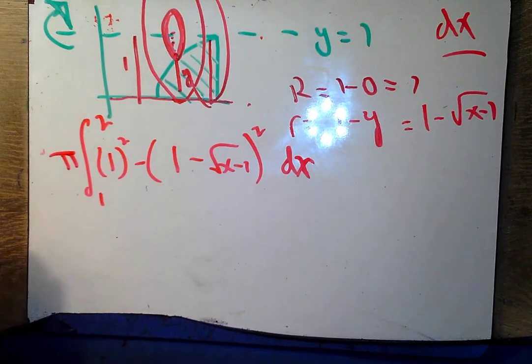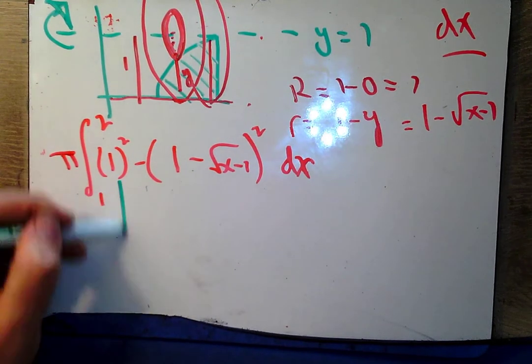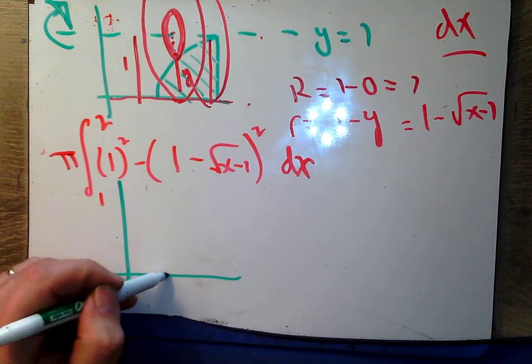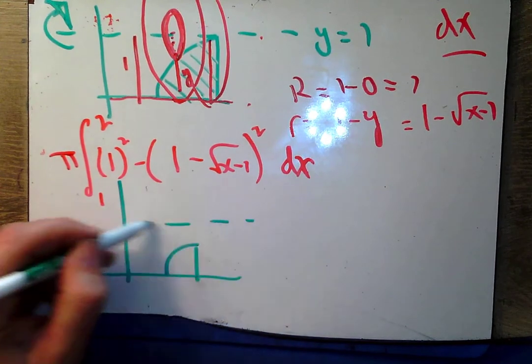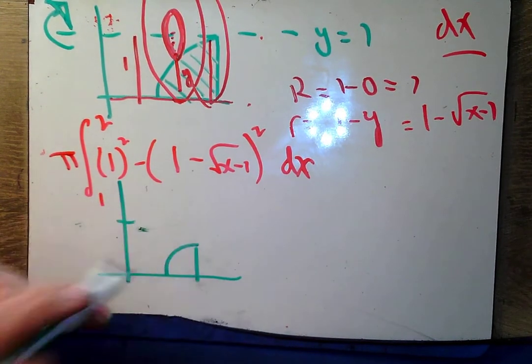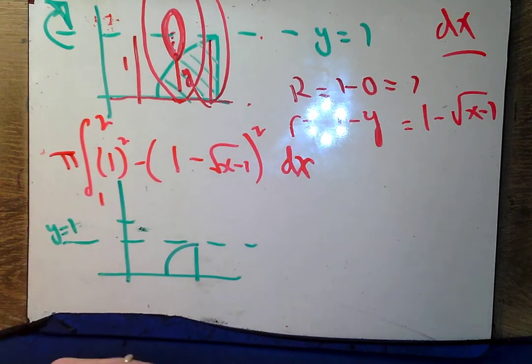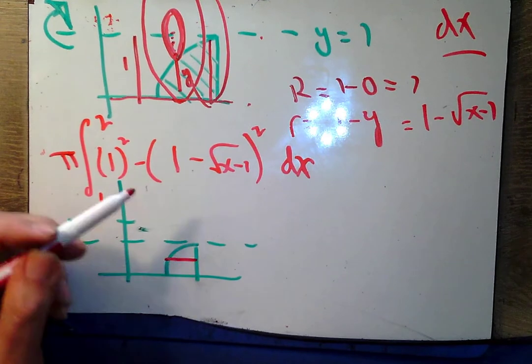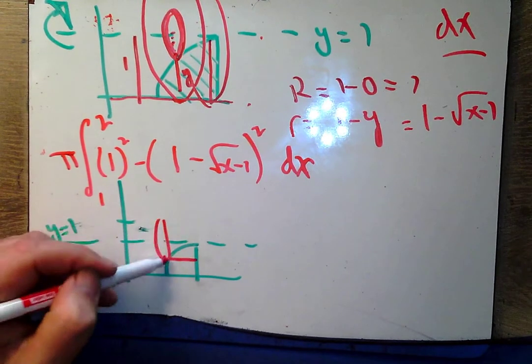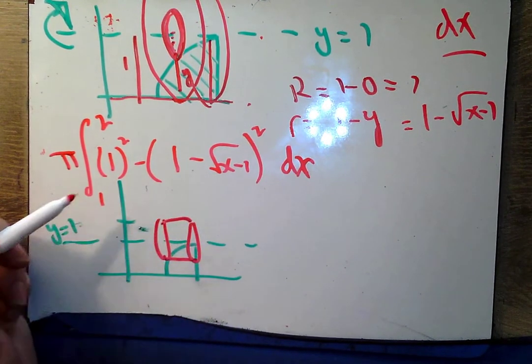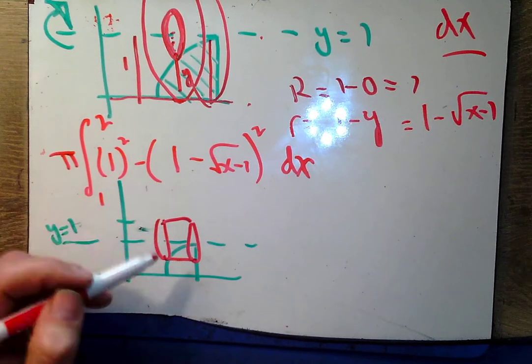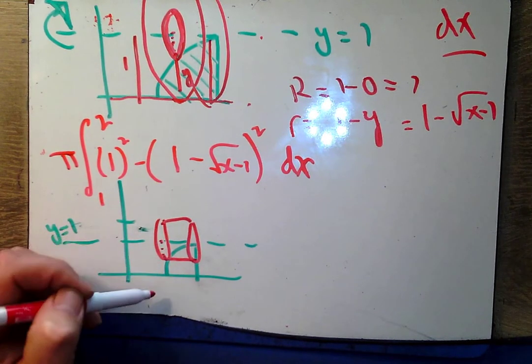Okay, now what if we look at the same problem, but this time we considered using shells. So I've got this shape, I've got this line that I'm rotating about, and I want to do shells. So if I'm doing shells, I know drawing something parallel to the axis of rotation is what's called for. And so my radius is this distance.